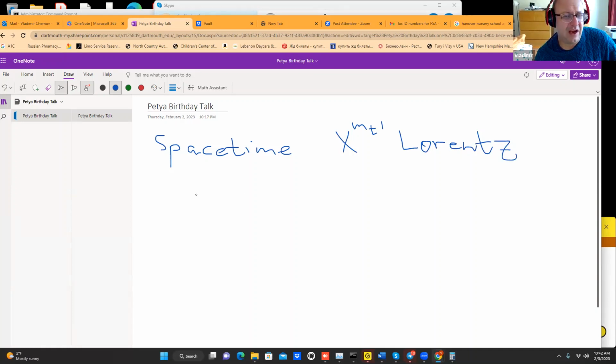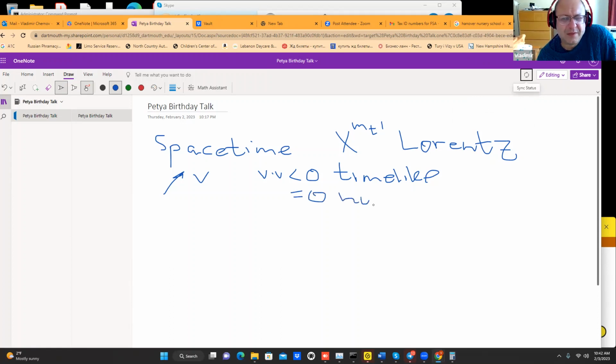And the vectors in this spacetime have the following possibilities. It could be that v dot v is negative. These are the so-called time-like vectors. They represent movement with a speed less than the speed of light. If v dot v is 0, these are null or light-like vectors.